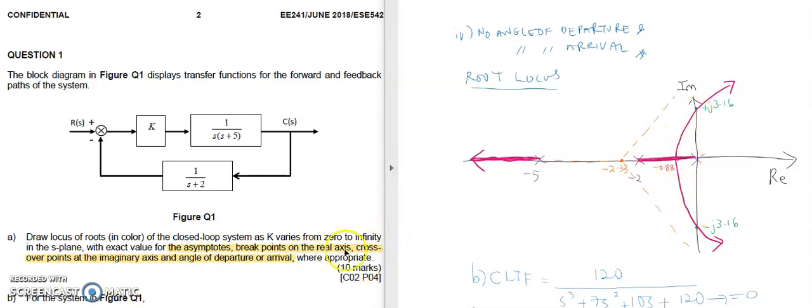Based on the crossover points at the imaginary axis, these are your crossover points, plus j3.16 and also negative j3.16. So the root locus will cross the imaginary axis at these 2 points, and this one will go to infinity. So that's it for question 1A for June 2018.